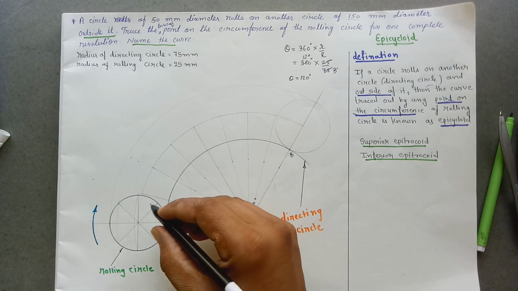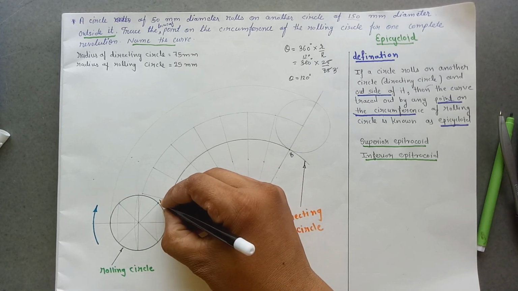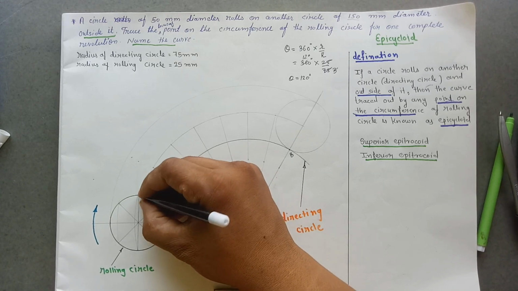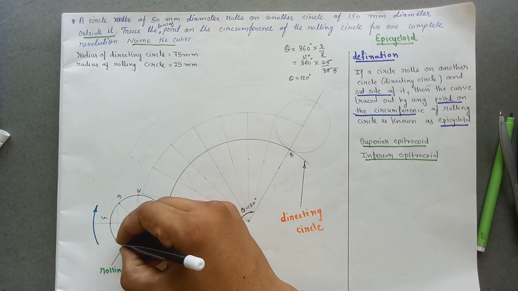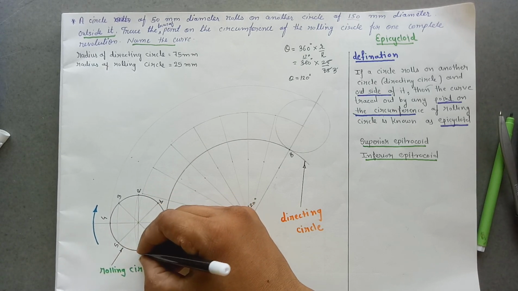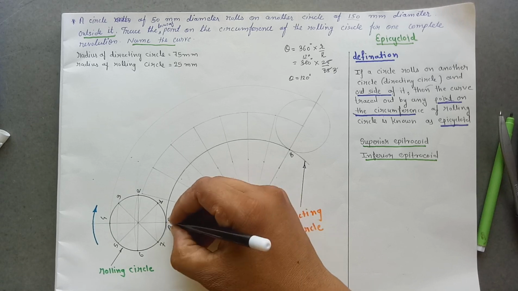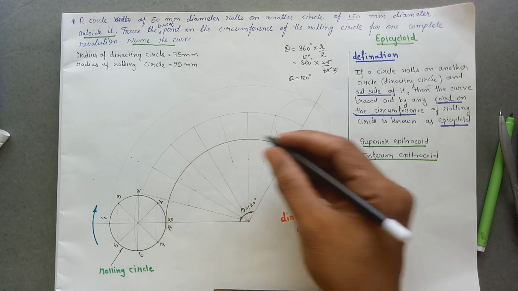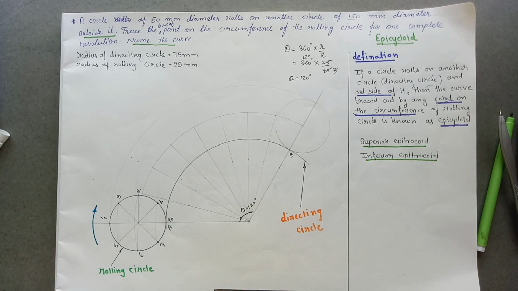So the first point of the rolling circle which is going to touch the directing circle is this point 1, then the second point is this 2, 3, 4, 5, 6, 7, and this is our P0, where P0 will be at the point of contact between the rolling circle and the directing circle.